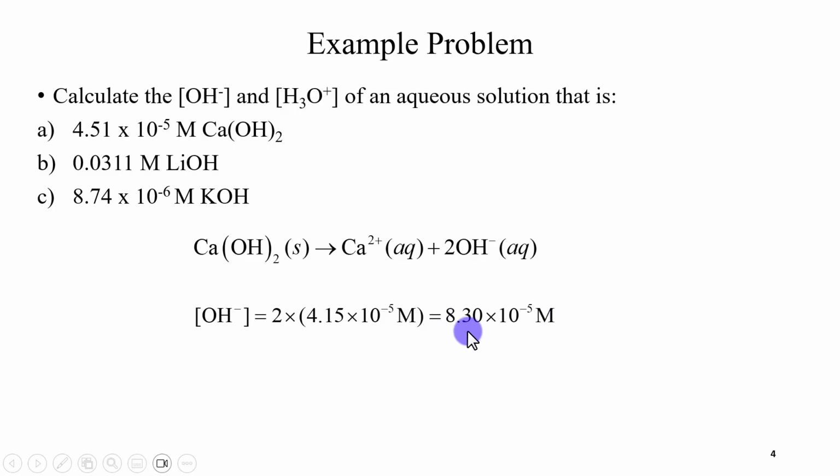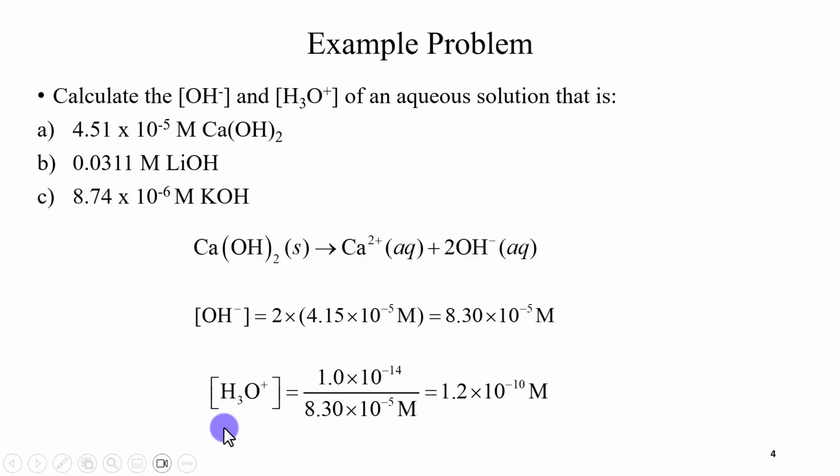Once I know the concentration of OH-, I can solve for H3O+, because I know that the concentration of H3O+ is equal to 1 times 10 to the minus 14 divided by 8.3 times 10 to the minus 5, giving me 1.2 times 10 to the minus 10.